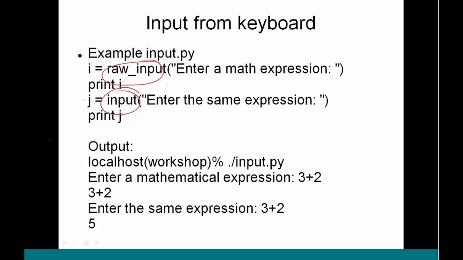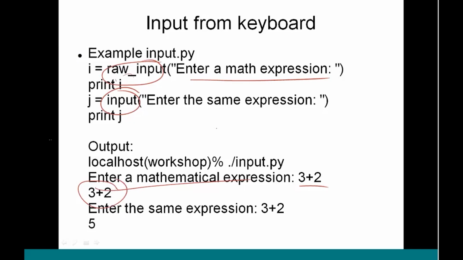So i equal to raw_input, enter the math expression, and then we print i. It says enter the math expression, and then we say 3 plus 2. Now the i's value is the same, 3 plus 2. It doesn't do anything, basically it copies into i.